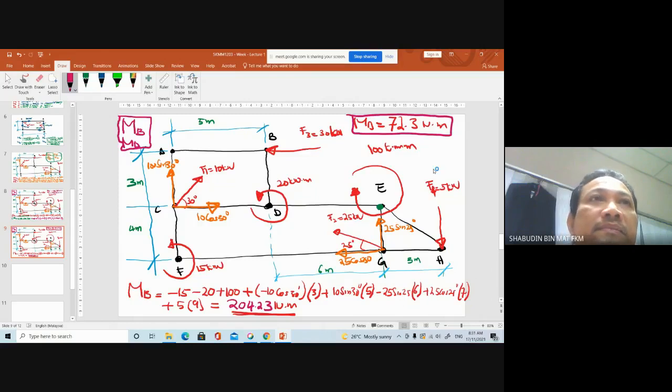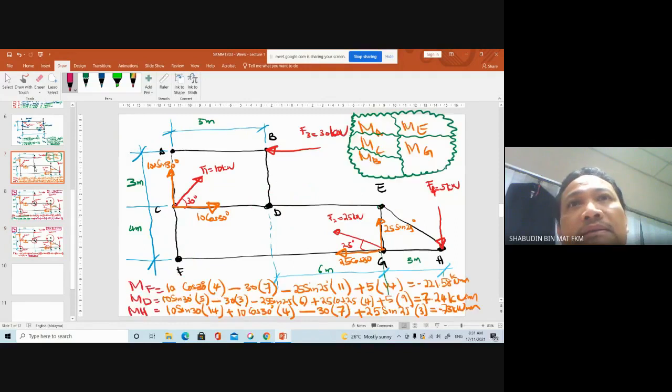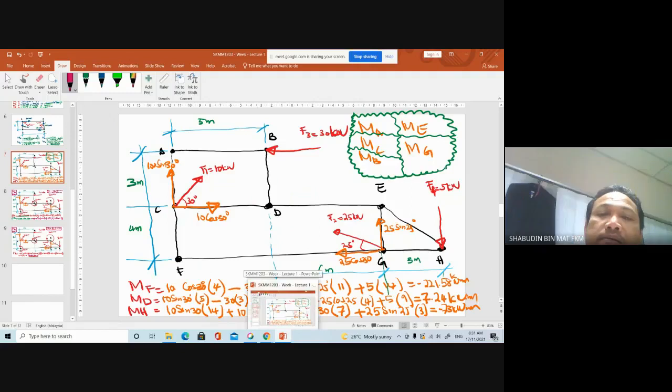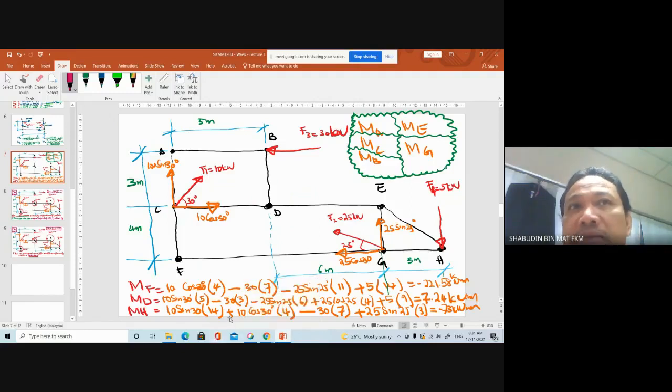This is a system. You can see that one. In that example, you have only a few forces acting on several points, and they can give you different moments at different points.